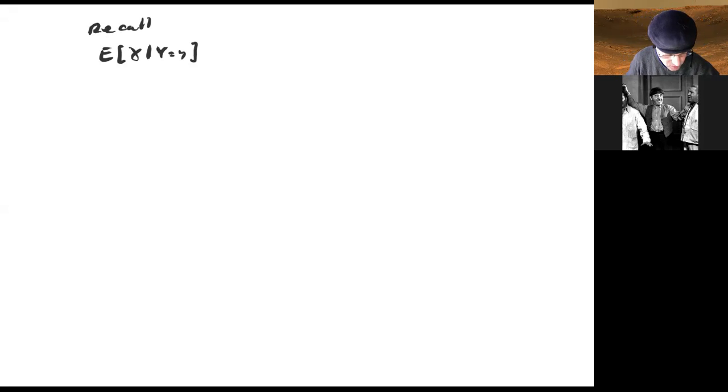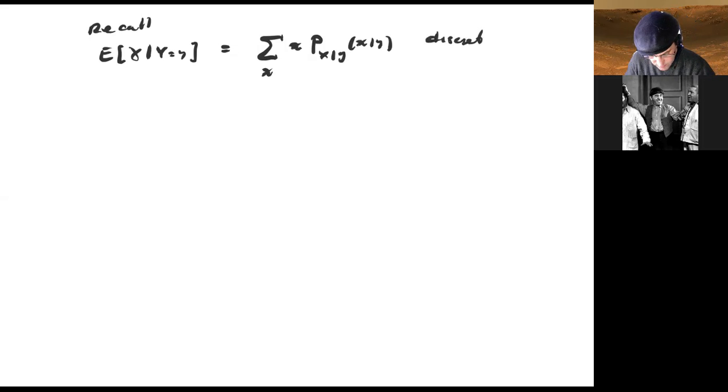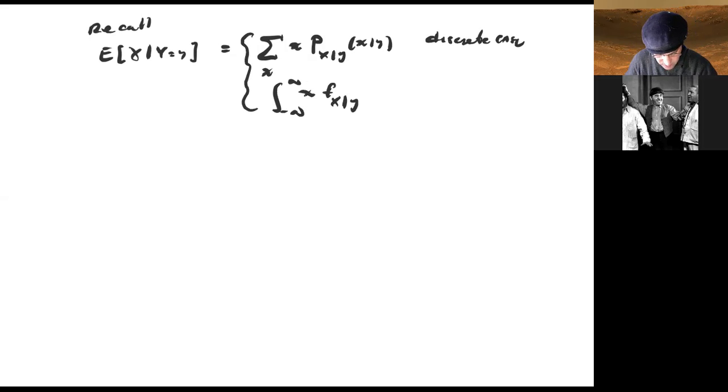And we define this to be, in the discrete case, the sum over all x's of x times the conditional probability mass function p_{X|Y}(x|y), and that's in the discrete case. And in the continuous case, you had the integral from minus infinity to infinity of x times the conditional density function.